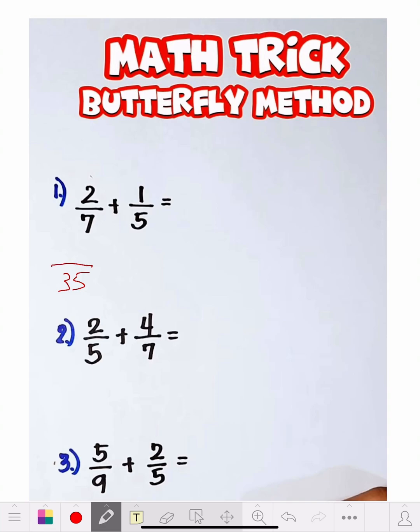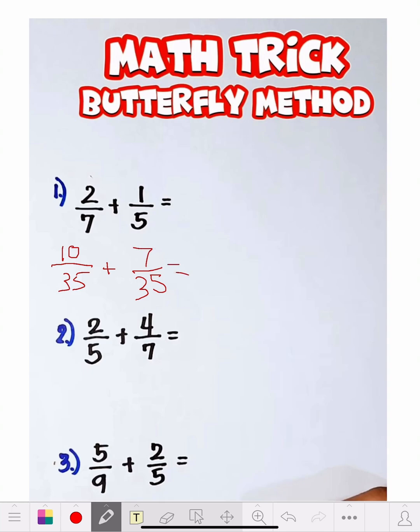So 7 goes into 35 5 times, so 2 at the top would be 10/35. That's what it would be, and then plus. Now 5 goes into 35, I've got to make that into 35. 5 goes into that 7 times.